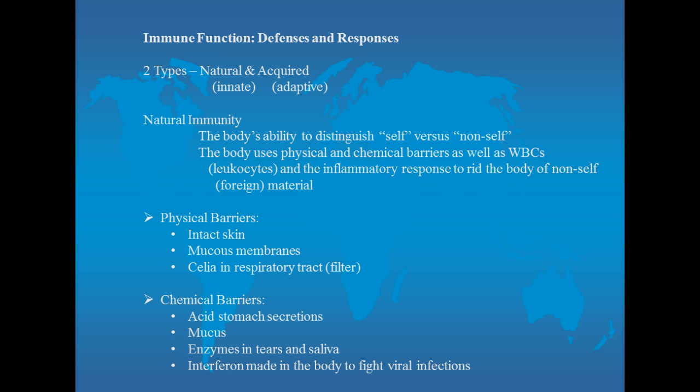That's all kind of part of that, and the memory cells. Lewis chapter 14, table 14.8, page 216. Table 14.8 has excellent comparisons of the B cells and the T cells. The B cells would be your humoral immunity, and T cells would be your cell-mediated immunity coming from the thymus.